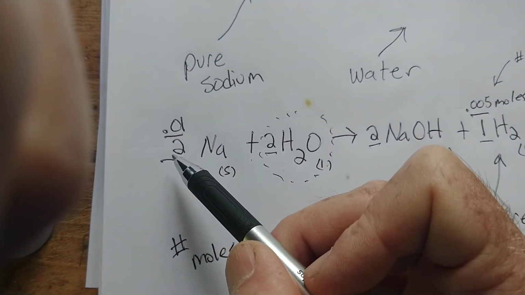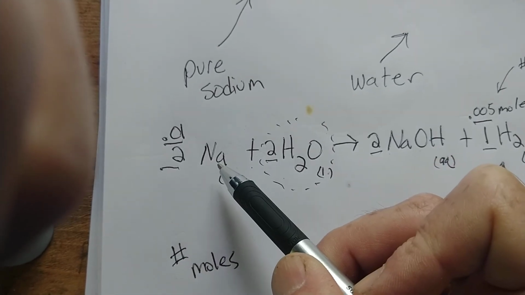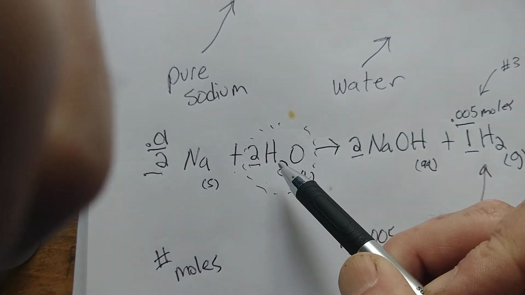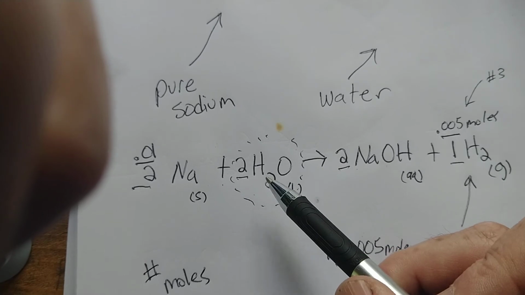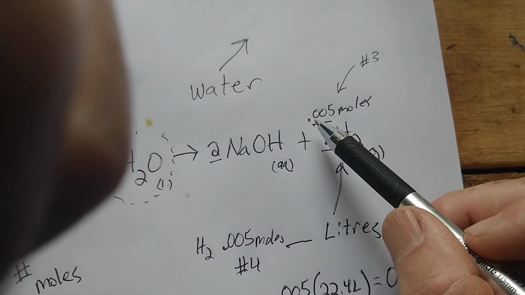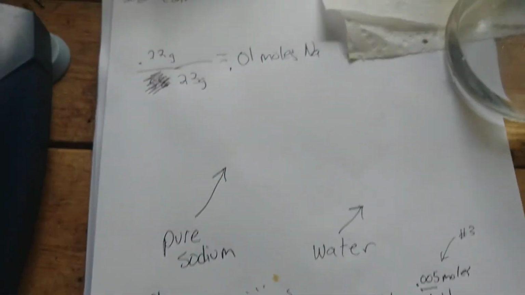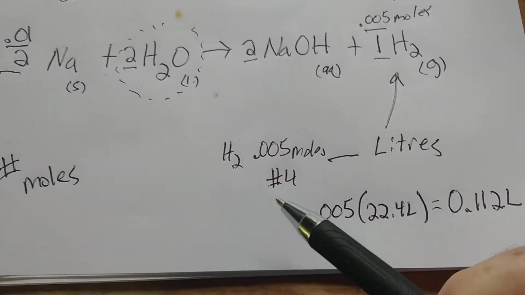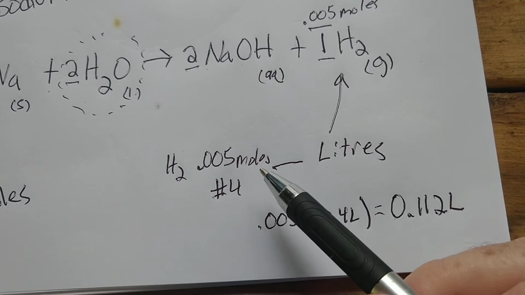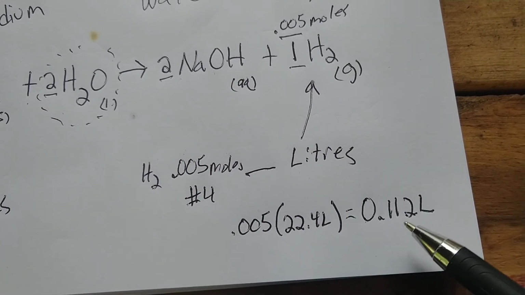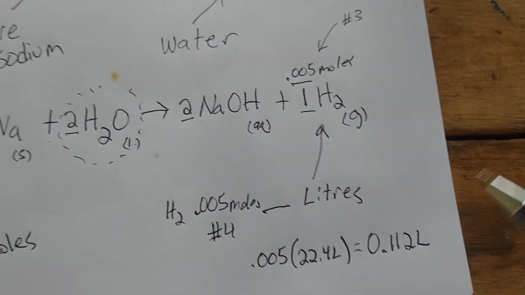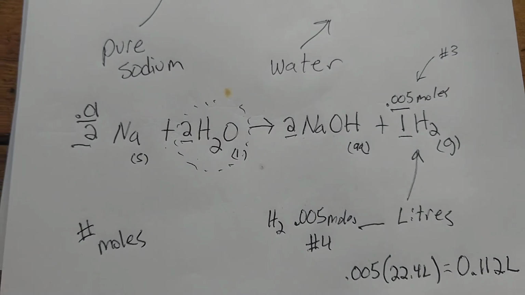So 0.01 moles of sodium with all the water I need, I'm going to end up producing 0.005 moles of hydrogen gas. So that would be 0.005 moles of hydrogen gas would be 0.112 liters. That's what stoichiometry is. Let's try this.